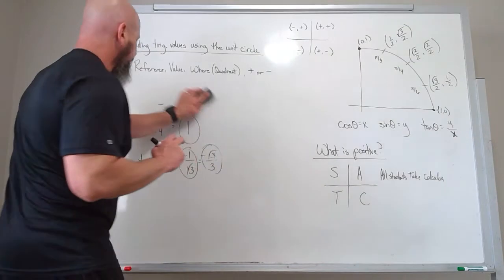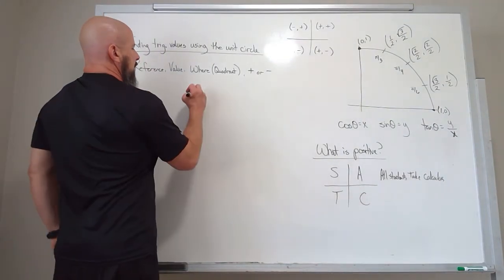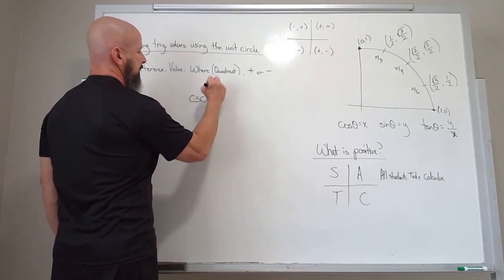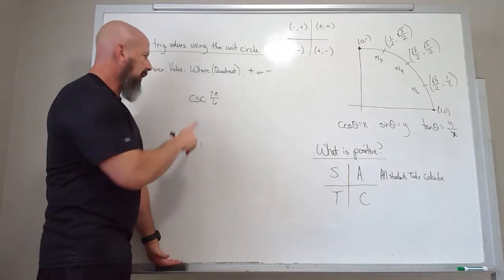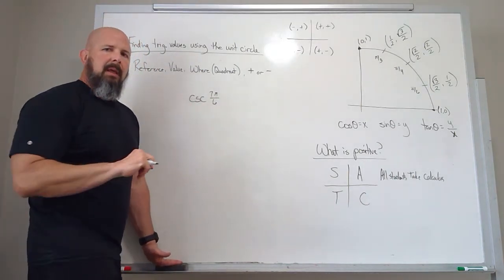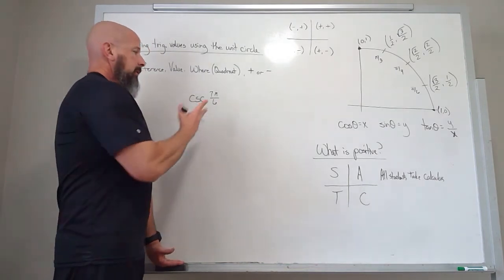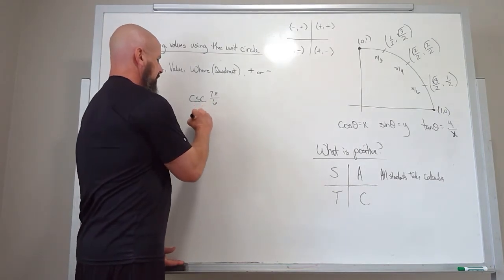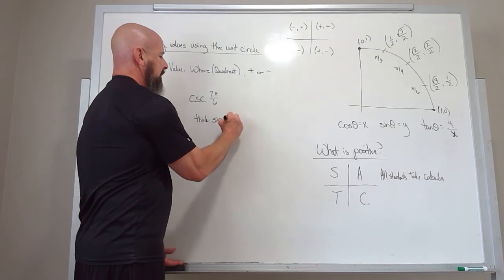So for example, when I'm first learning this, if you asked me to find, say, the cosecant of 7 pi over 6, when I see cosecant, unless it's something I've just memorized, and I'm going to assume we haven't yet, I'm going to think of the sine of pi over 6.